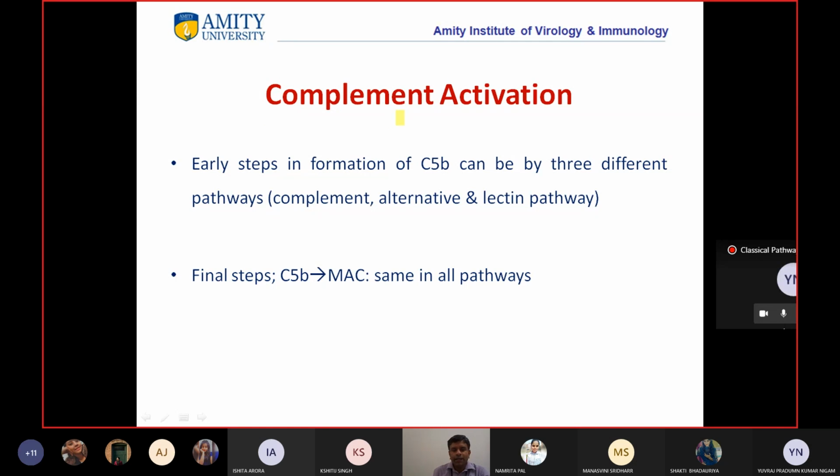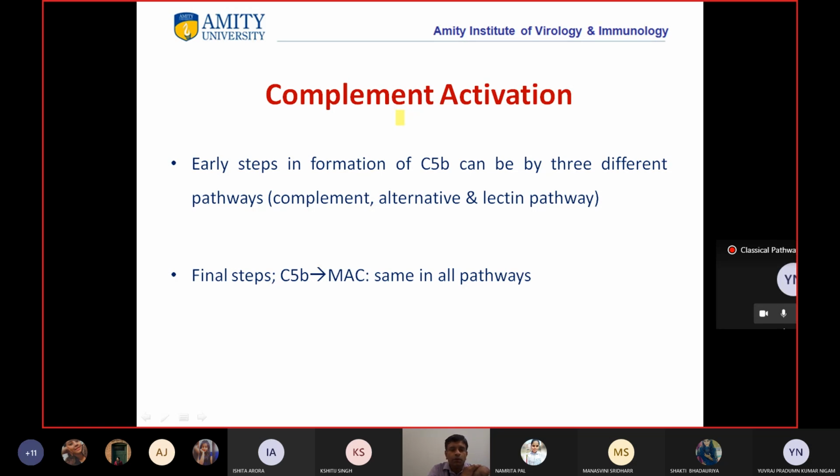So coming to complement activation, as I said, the initiation of the three pathways is different. Classical pathway needs to see an antibody before it gets activated. Then there is the alternative pathway, which gets initiated in a different way, and the MBL pathway gets initiated in a totally different way, right?